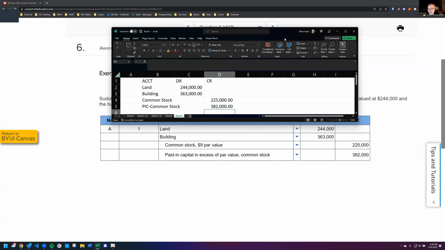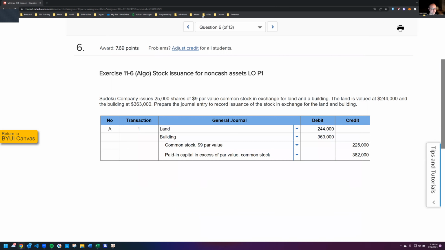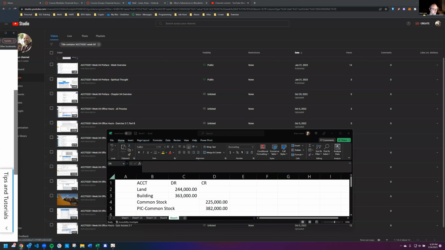Okay, so that's one question, and I'll give you one more. So that was 11.6. Let's see if we can find one more that might help. I know some of these, let's see. Nine.